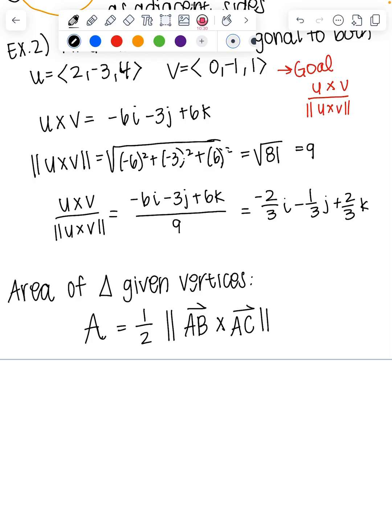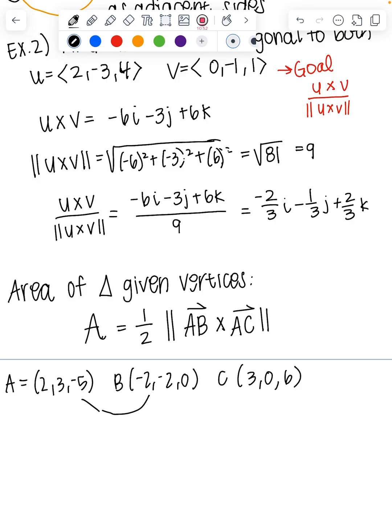Okay, so what we have here is A is 2, 3, -5. B is -2, -2, 0. And C is 3, 0, 6. Okay, so what I have to do is I have to go from A to B and then A to C. But remember, I always have to go terminal minus my initial.